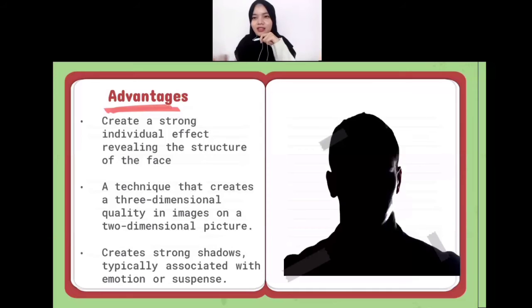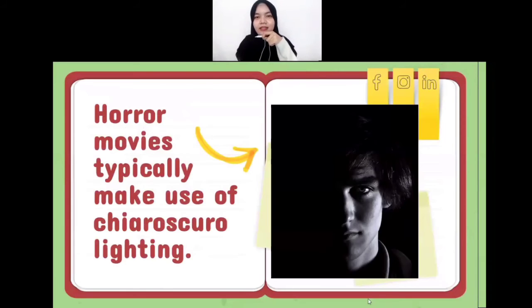So the third one is it creates strong shadows, typically associated with emotion or suspense, just like what you see in the picture. It basically exhibits an emotion of suspense, right? Because we cannot see clearly the face of the man. Next.